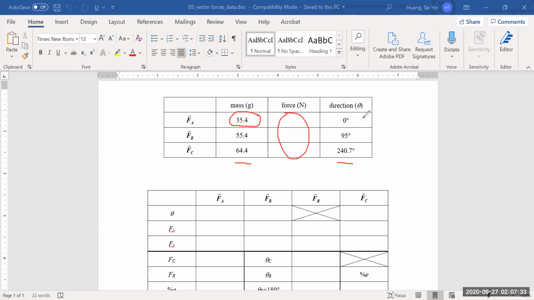Okay, and the angle is already given. So force A is along the x-axis, force B is at 95 degrees, and force C is actually 240.7. Okay.